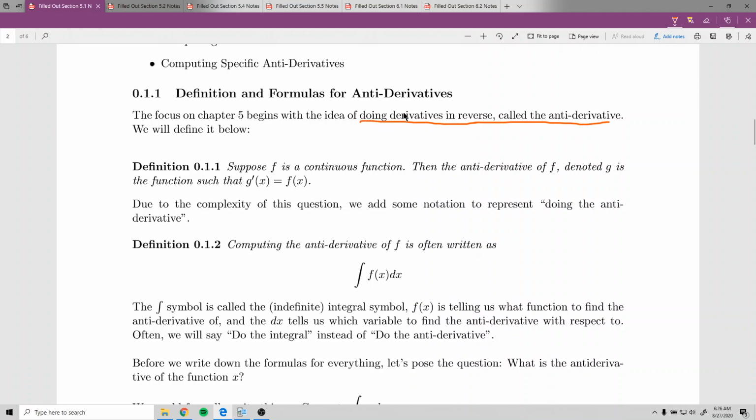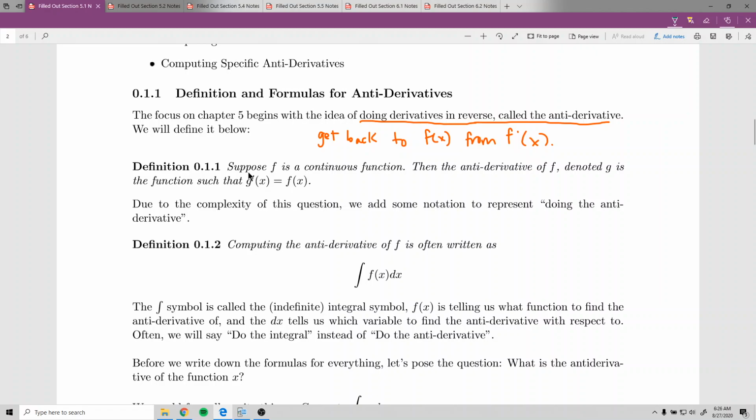Think back to any derivative you've done, but instead of starting with the function and getting to the derivative, now you start with the derivative and want to get back to the regular function. So in general, we could say get back to f of x from f prime of x. That's what we're going to be trying to do.